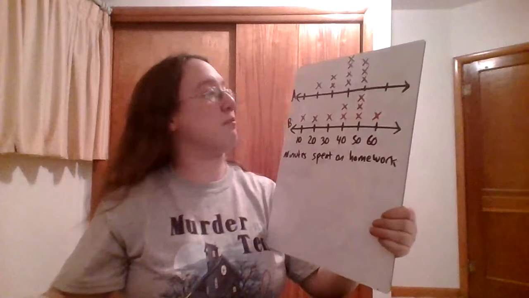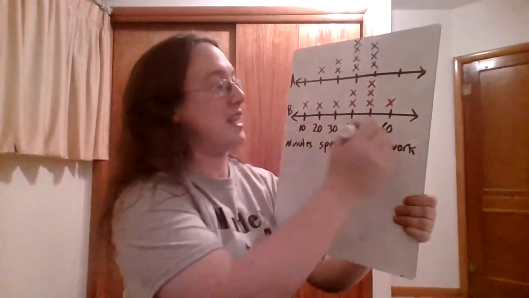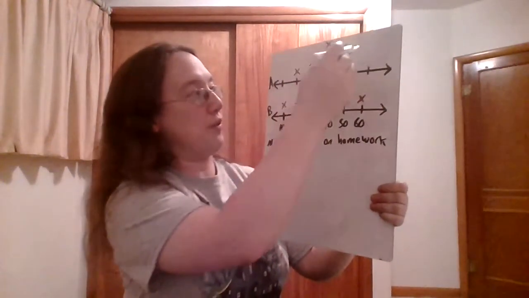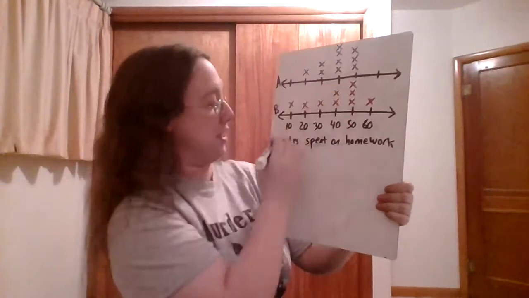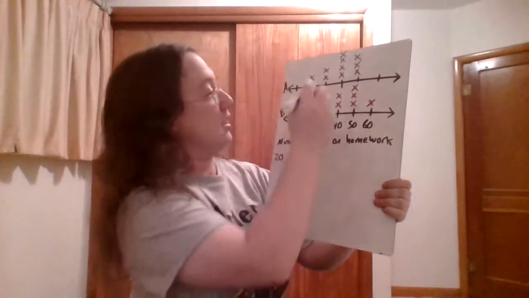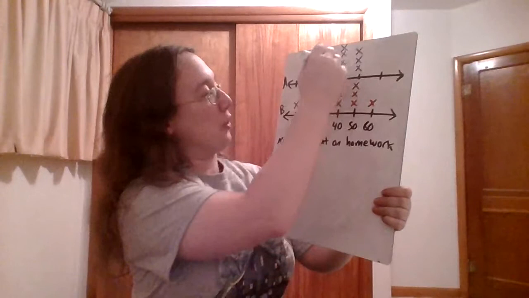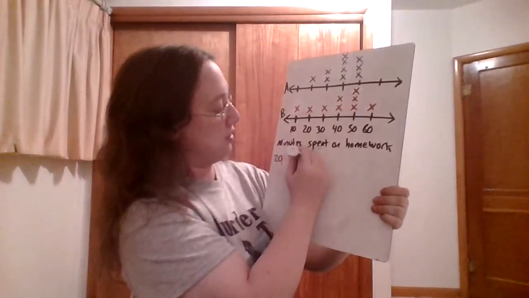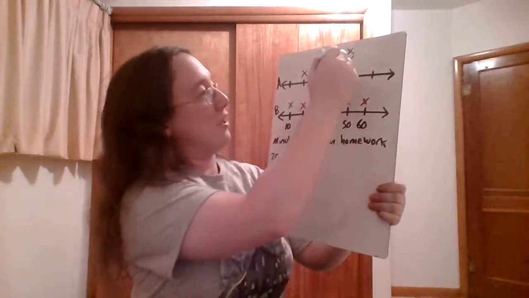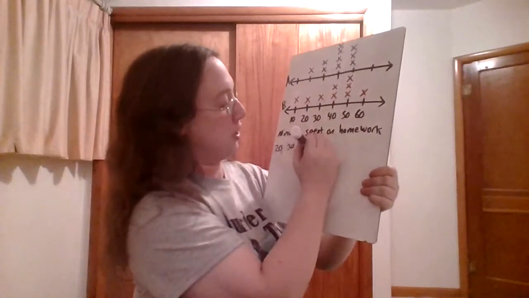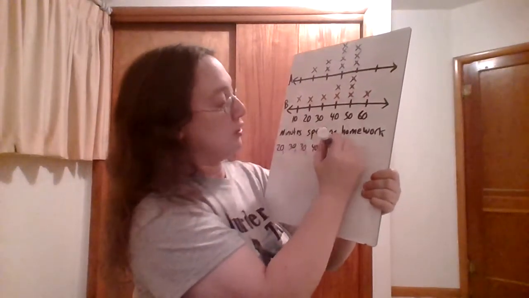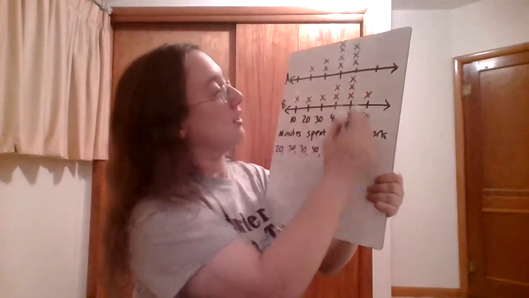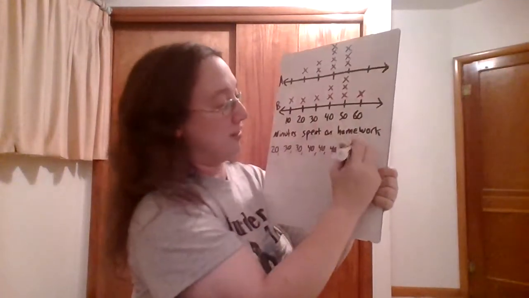So the first group in purple up here, and these numbers, importantly, go with both of these graphs. So this is a 20 in purple, and a 30 and a 30. And then 4 40s, 40, 40, 40, 40, and then 3 50s.